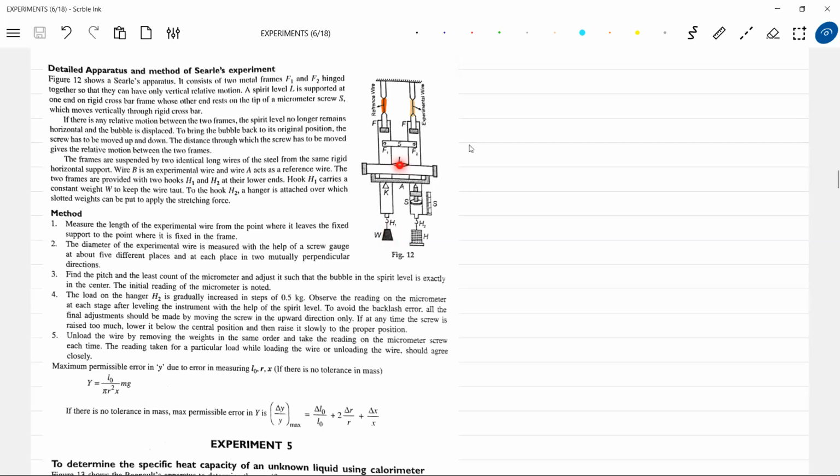All of you have an idea of a spirit level. Hook H1 carries a constant weight. So there's a constant weight. I'm showing it.